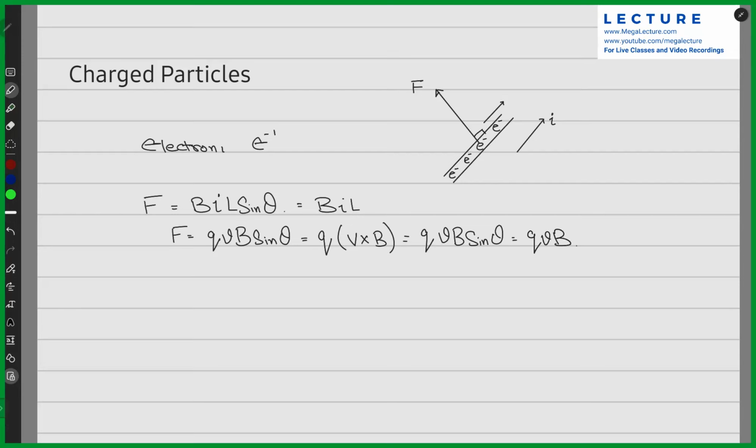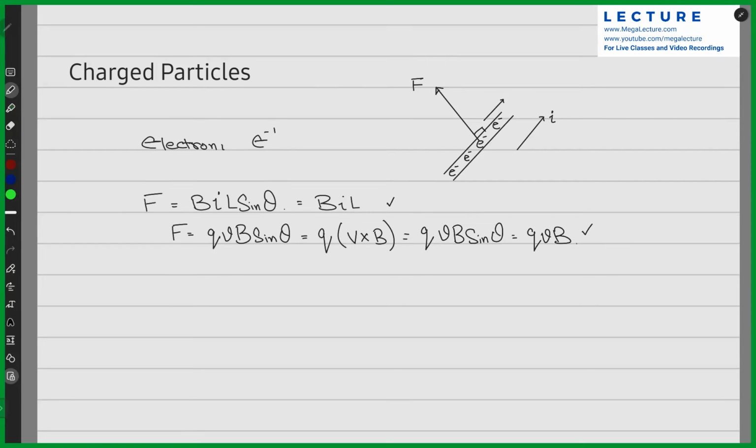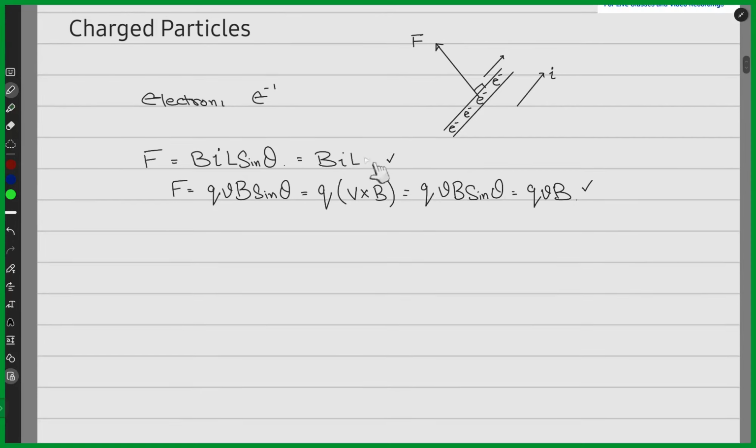Now, these two equations appear different, but it turns out these two equations are just one equation, right? We'll come from this one to this one. This equation is F equals BIL. Now, what is I? We know that I is just charge per unit time.